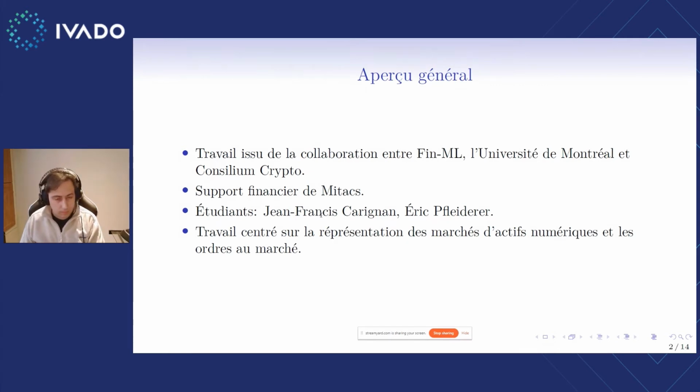The slides are mainly based on the work done by Jean-Francis Carignan and Eric Fleiderer. The main topics that I will present are due to Jean-Francis. This is not myself, this is really Jean-Francis' work. So thanks to him. And I will mainly speak about the digital asset markets and limited order books.